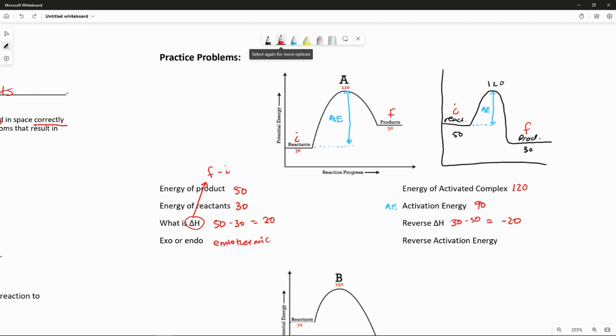So when we take 120 minus 50, we get 70, and therefore our reverse activation energy is 70. One key thing to note is that all we do for reverse delta H and reverse activation energy is flip the graph. So we're considering reactants to be our products and products to be our reactants. I'll show that here.